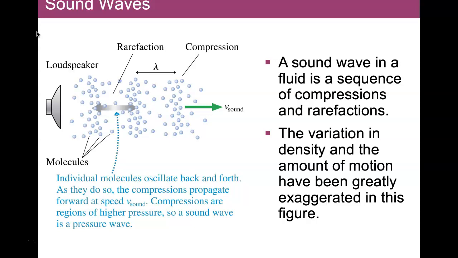So we can have the density of air, for example, changing as a function of time and space with similar functional form, like a sine of kx minus omega t plus phi naught.